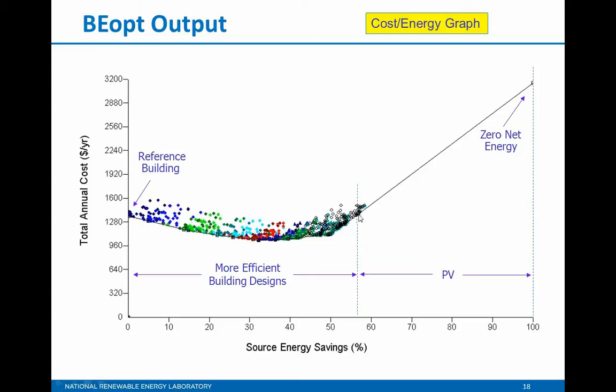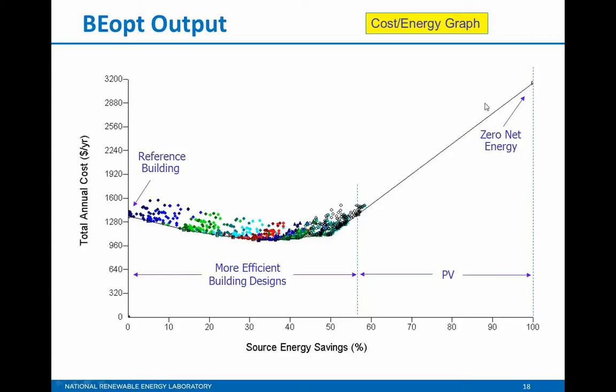So the actual PV start point is a function of the building size and characteristics and the climate location, certainly how cold is it, how hot is it, how sunny is it, in terms of what are the benefits for efficiency versus the benefits of PV. And in fact, in the more complicated version, you can even allow efficiency if you specify, for example, a maximum PV size because you have a roof constraint.